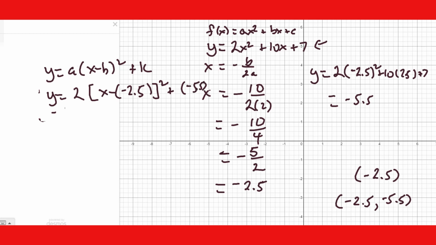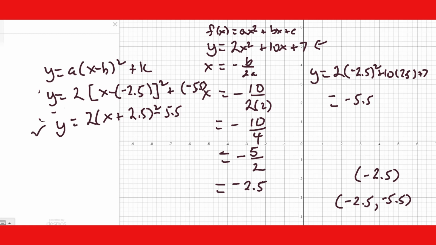That gets us y equals 2 times the quantity x plus 2.5 squared minus 5.5. So that gets us back into vertex form.